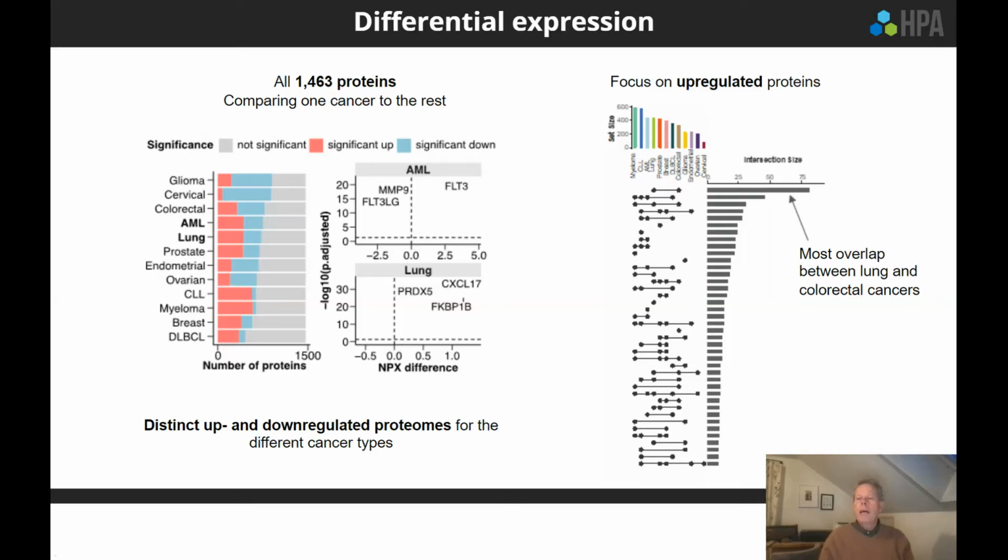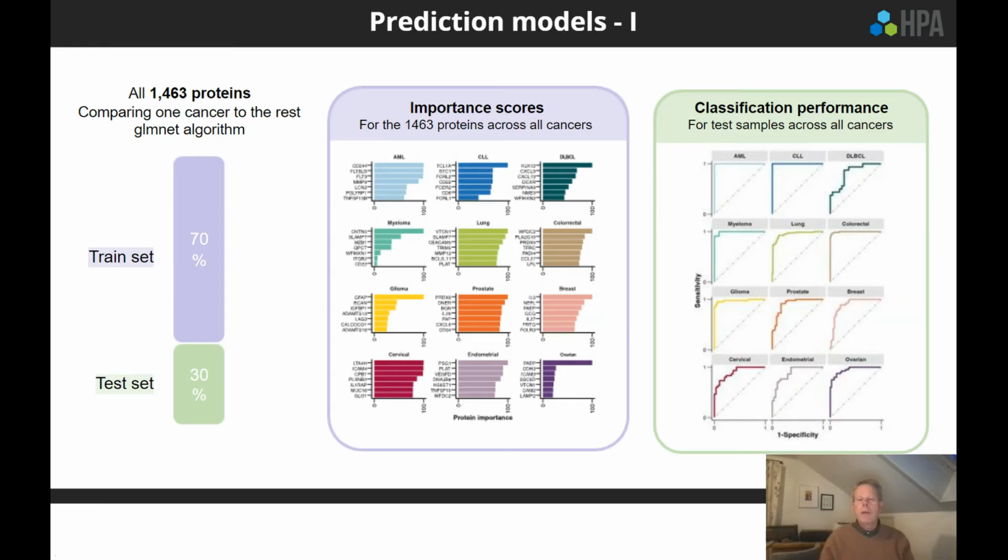There was overlap in some cases, as you can see here, especially the lung and colorectal cancers, where a lot of proteins simultaneously go up in both of these cancers. So basically we moved into a machine learning mode to see, can we find an algorithm that can sort through all of this data?